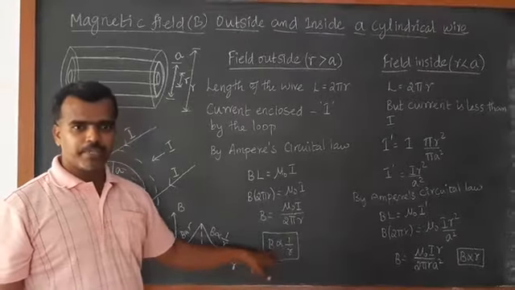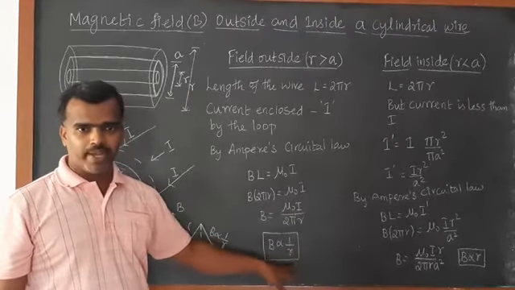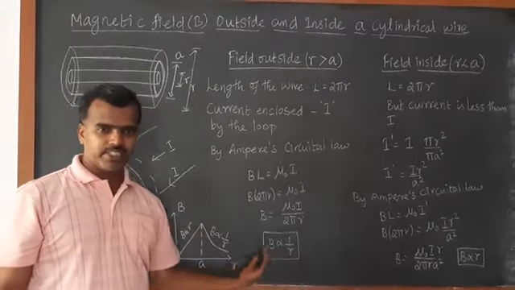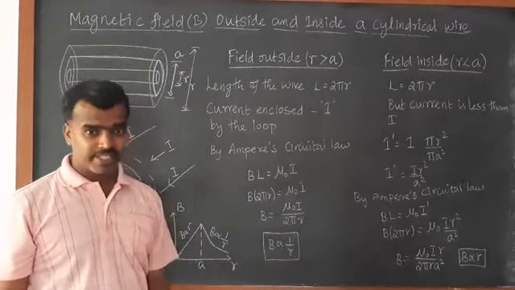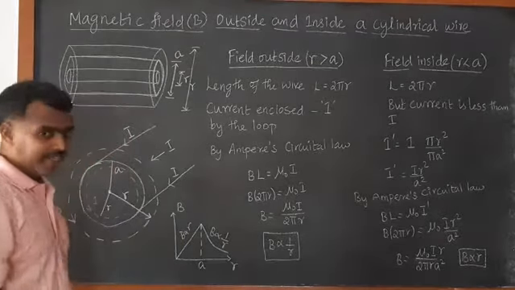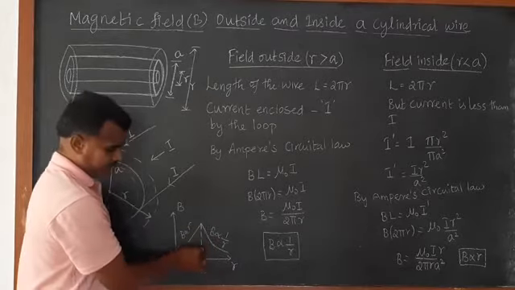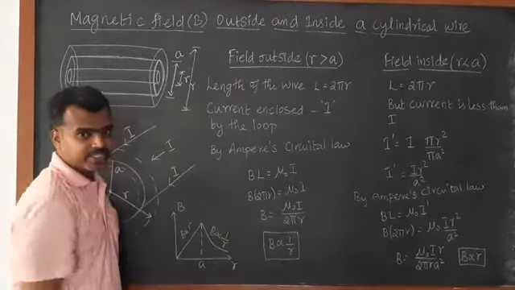Therefore B is inversely proportional to 1 by r. As the distance increases, the magnetic field decreases.